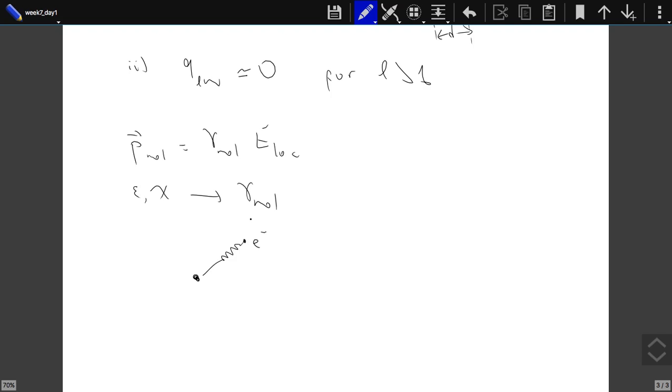Classically speaking, the electron will have, let's say, a circular orbit. And for very small deviations around the circular orbit, you can always make this harmonic approximation. So very close to that orbit, the electron will behave as if it is attached with a spring.